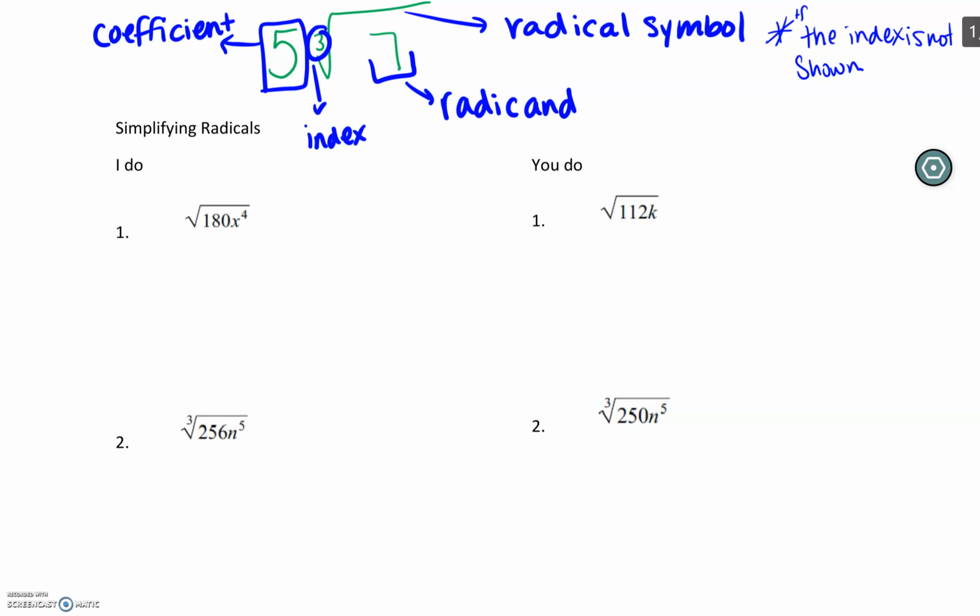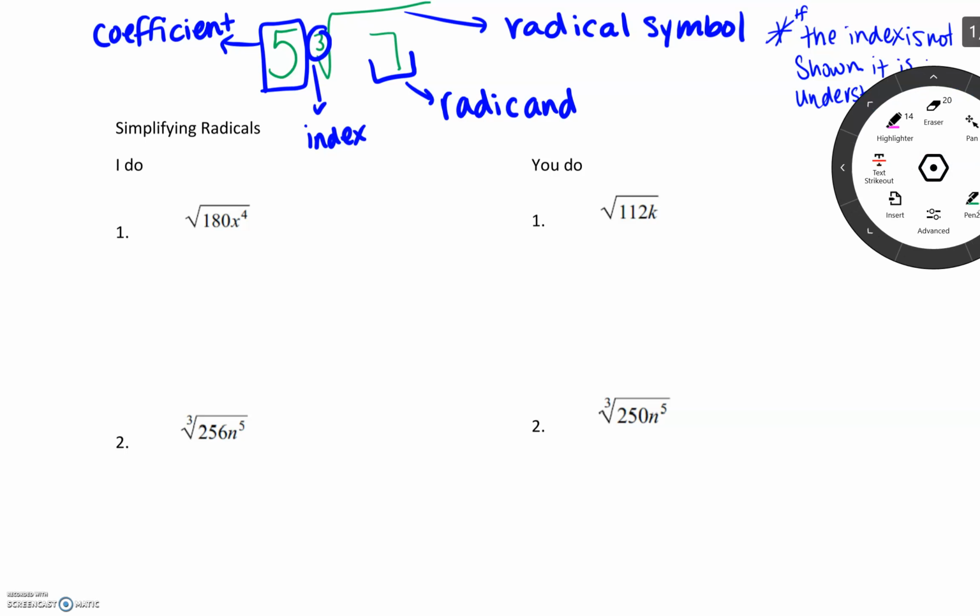I should say if the index is not shown, it's understood to be 2. All right, so let's go ahead and get started.